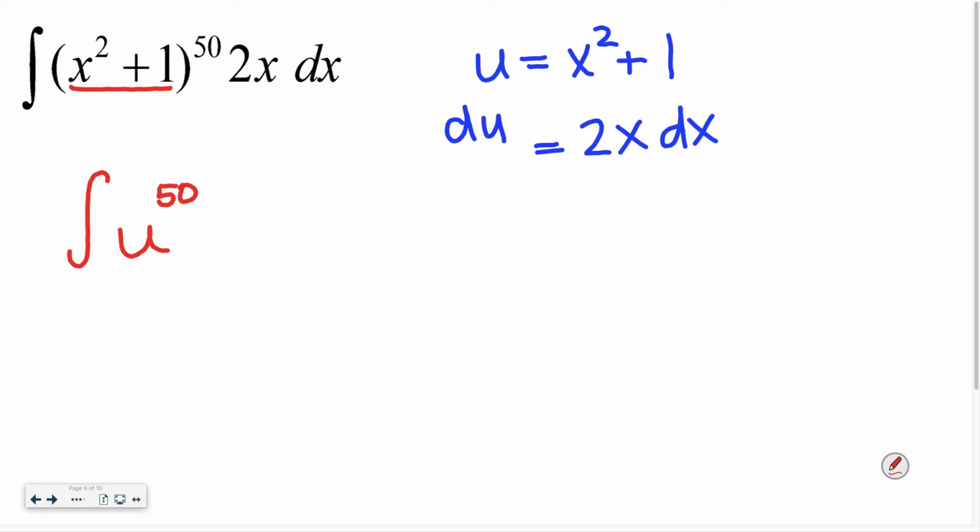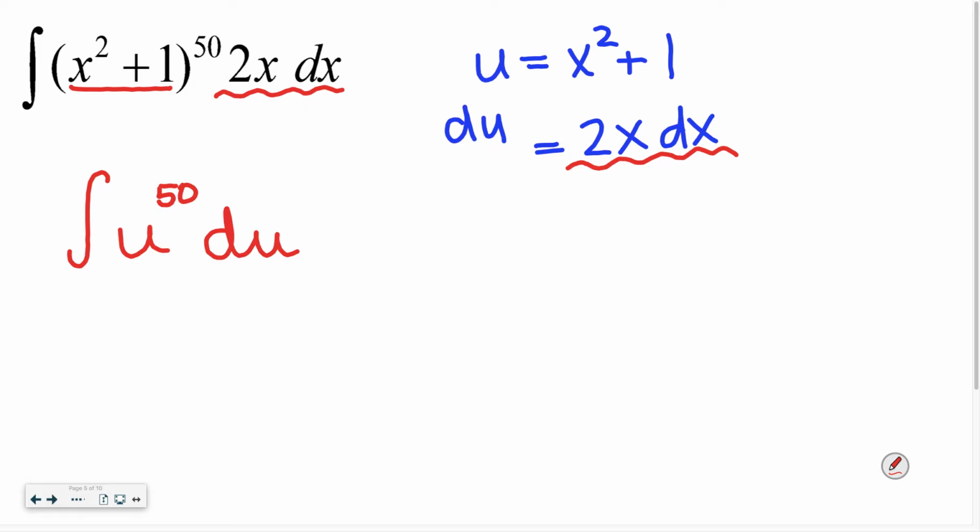And look at this. 2x dx equals du. Look at what I have right here. We have 2x dx. So we can replace it with du. And now we have an integral where everything is in terms of u.